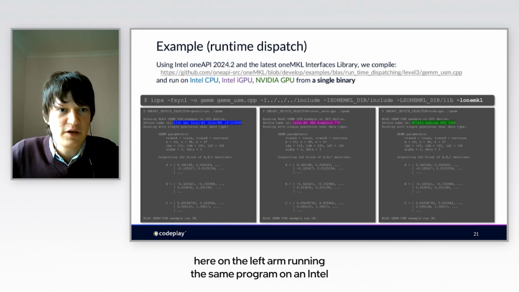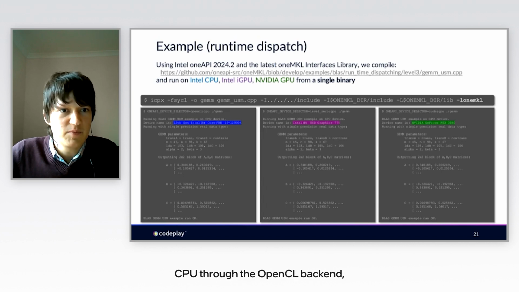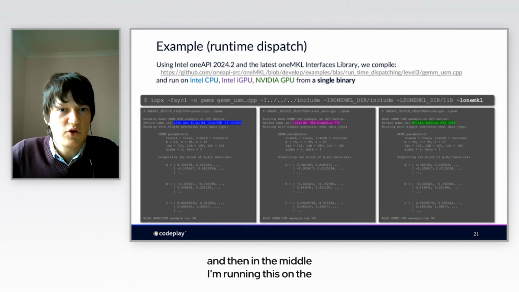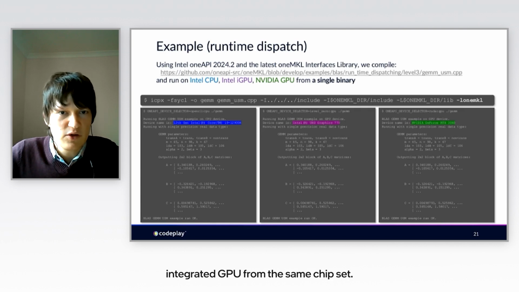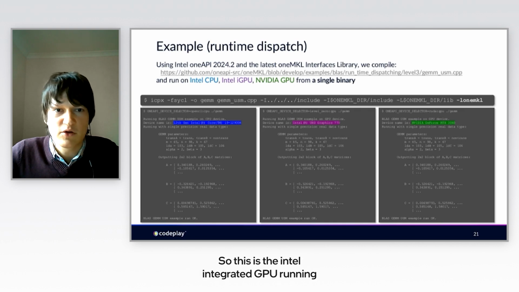So, for example, here on the left, I'm running the same program on an Intel CPU through the oneCL backend. Then in the middle, I'm running this on the integrated GPU from the same chipset. So this is the Intel integrated GPU running through the level 0 backend.